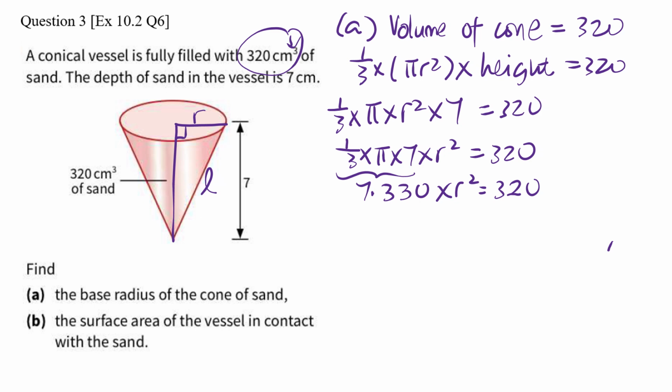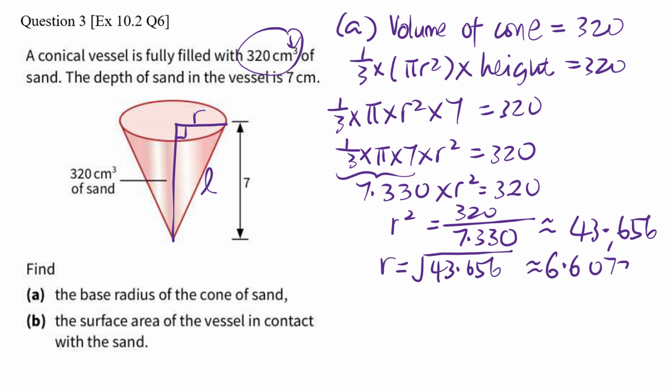You divide both sides by 7.33. So you have r squared equals 43.656. Keep more decimal places, your answer will be more accurate. It's only the final answer that is 3 significant figures. So you need to square root 43.656. You get 6.6072. You look at the fourth figure, which is 7, carry 1 to the 0, so 6.61 centimeter. That is the answer for the radius.